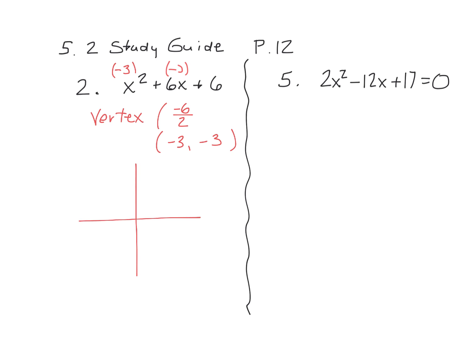Now if I graph this, I have (negative 3, negative 3). My a value is 1, so I'm going to go over 1 up 1, which puts me right there. And then when I go over 1 up 3, you can see I cross the x-axis.